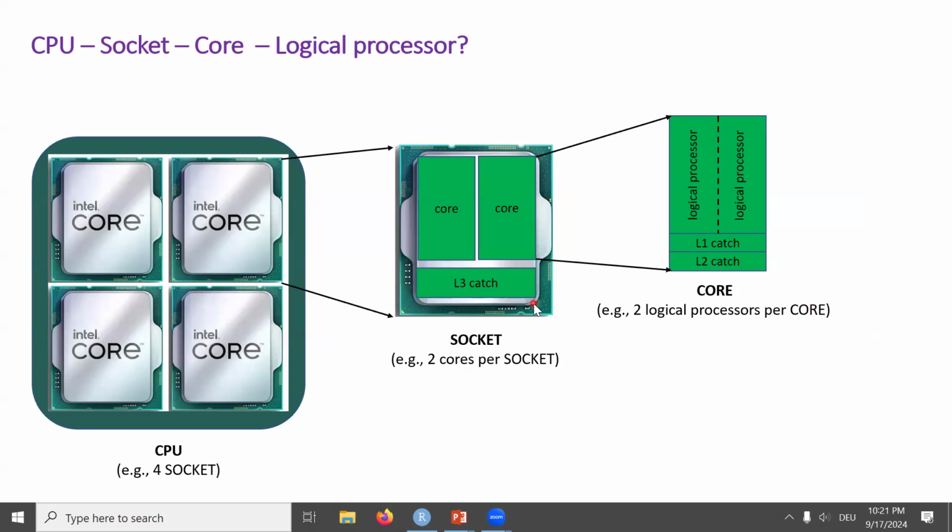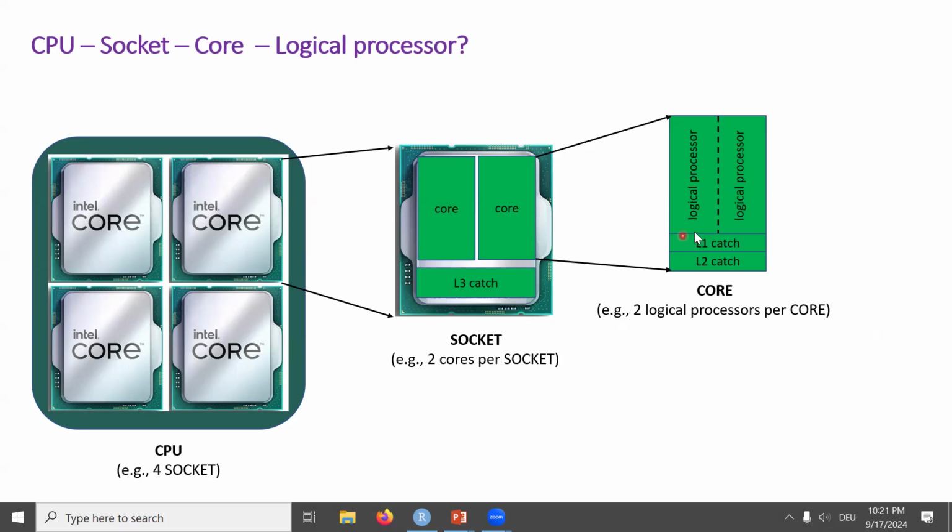And here's the figure describing what is CPU, socket, and core. For example, here I have a CPU with four sockets, also called four processors. In each socket, I have two cores. This is the physical core, the one that you can touch and see.